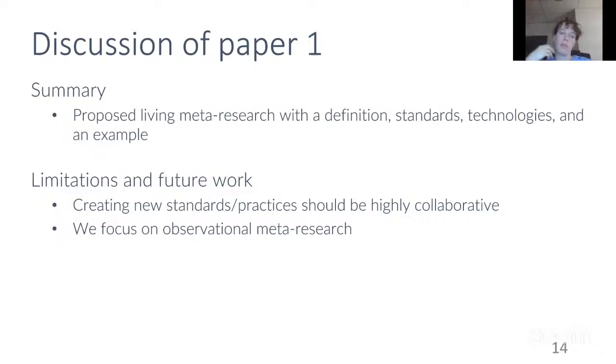And I think that probably for meta-research, we should be doing the same thing. And also we focus on observational research where people collect a set of papers and then extract information from it and describe that information. And there are other types of research which don't fall so neatly into this.